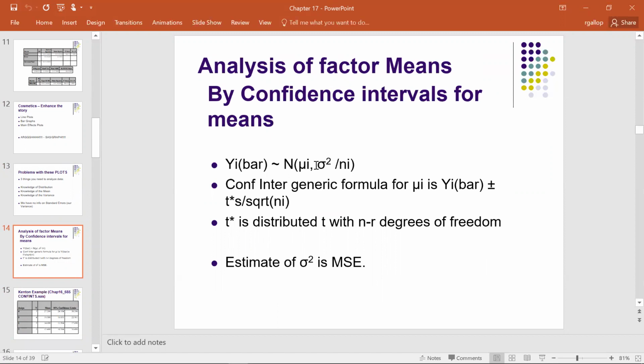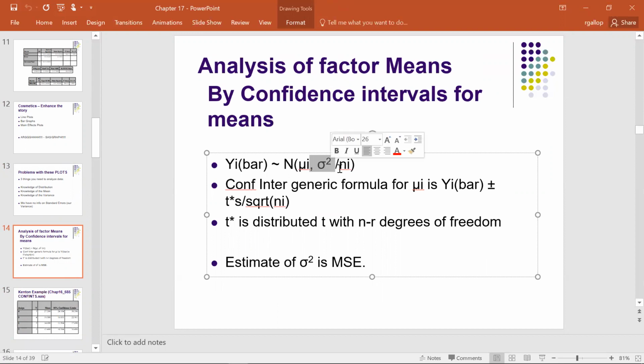So it depends on our estimate of the sigma squared, estimated by the MSE, and the cell size. For us, if the cell sizes are the same, that square root of n_i is going to be the same. S is estimated by the root MSE. The t is going to be from the t distribution.